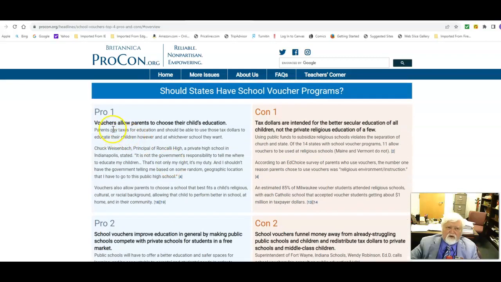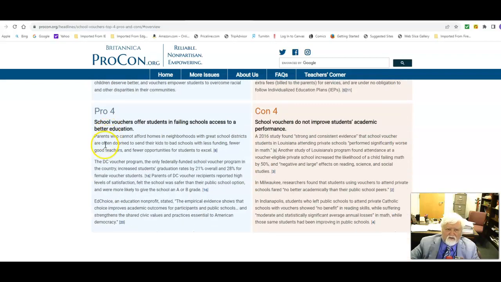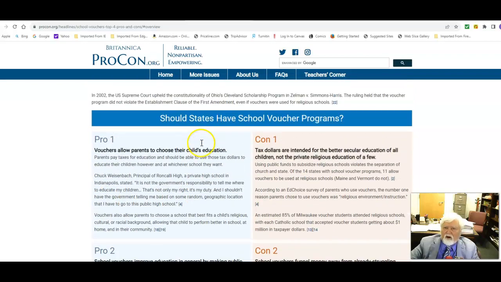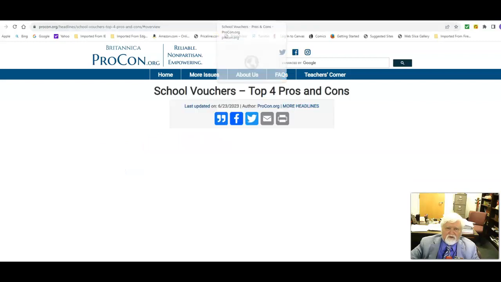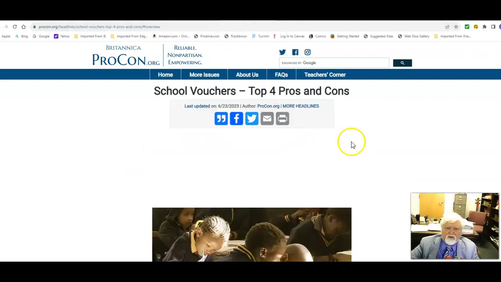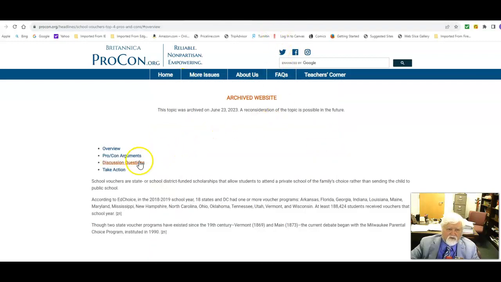But anyway, it gives you 4 ideas of why they're favorable and 4 why they are not. See if I can get the school vouchers to open. I was doing the same thing here. Okay. It's not offering the overview as it typically does.